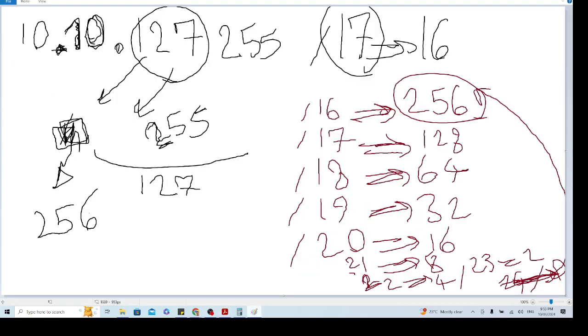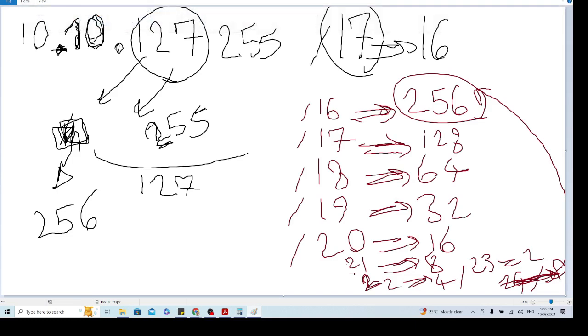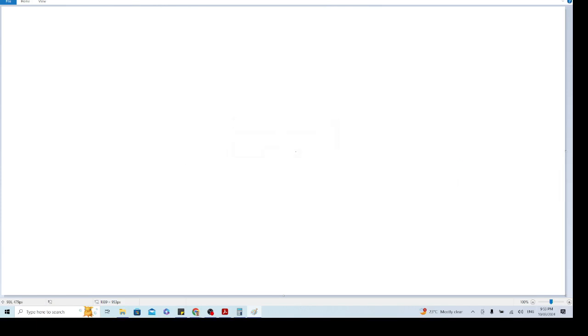Let me open up a new paint. Okay, we have 10.10.32.0 slash 20.